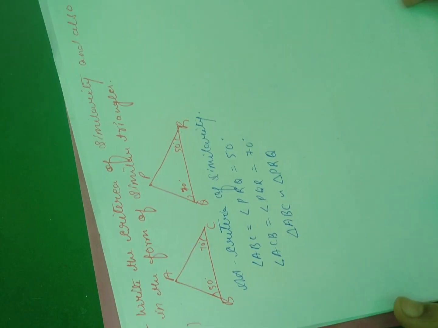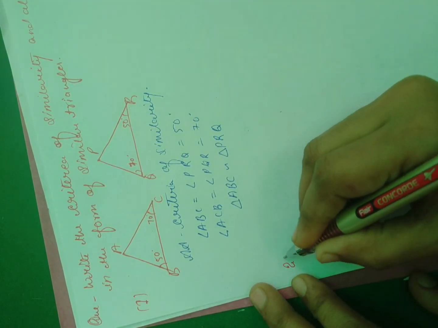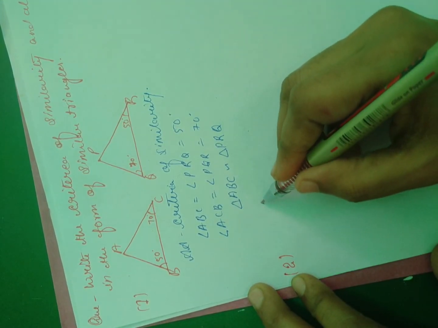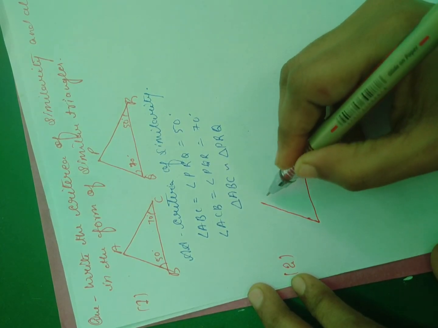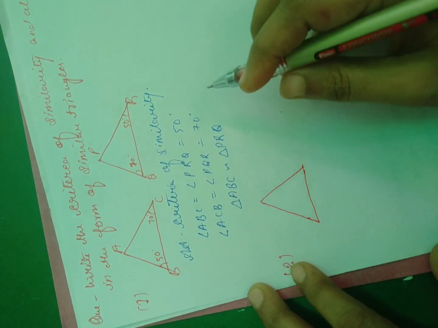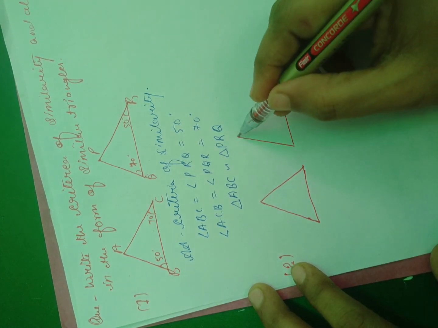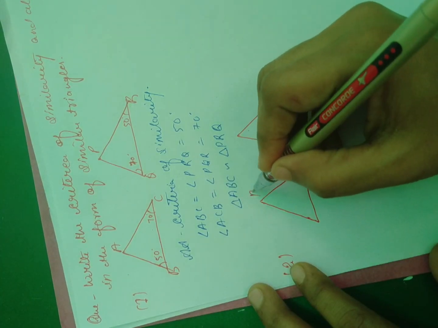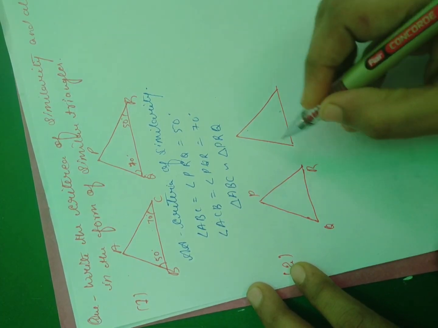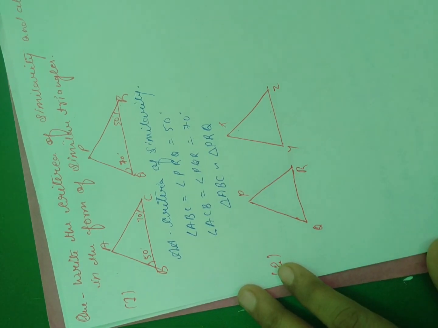Now the second is: make the two triangles again. My triangle is not good enough. PQR and here XYZ, right?